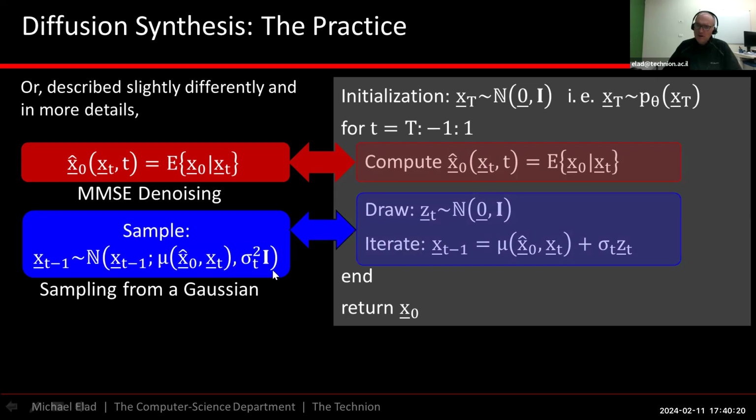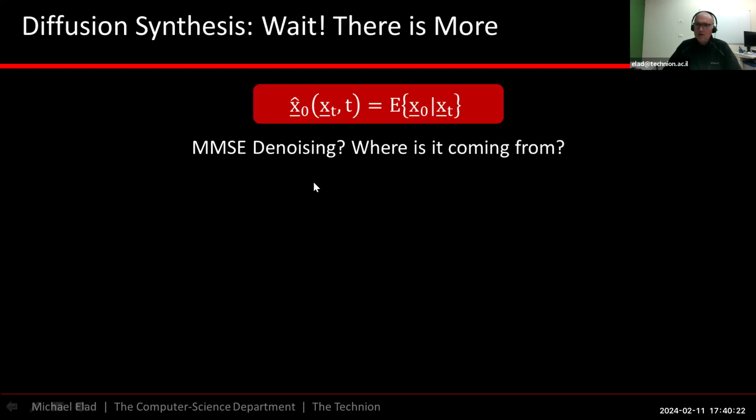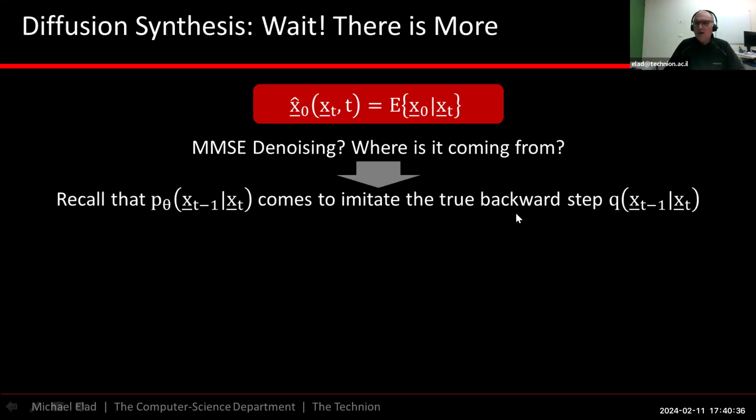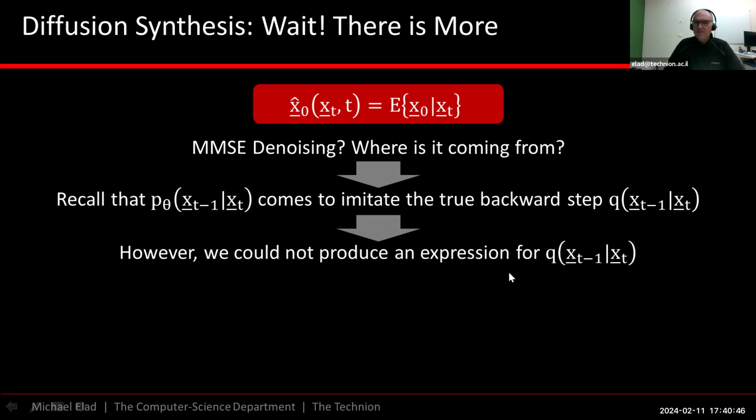Great. Now the question I would like to zoom in on is this conditional mean or denoiser in general. Why? Where is it coming from? So from the practical side of things, here is what happened here in order to give birth to this denoiser. We wanted very much to work with the reverse Q of xt minus 1 given xt, but we didn't have access to it. There is no closed form to it. And so we cheated.